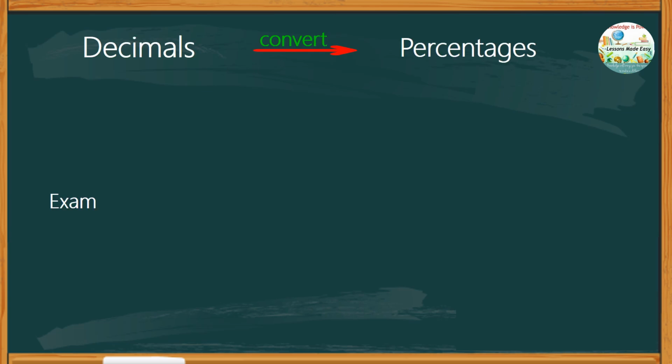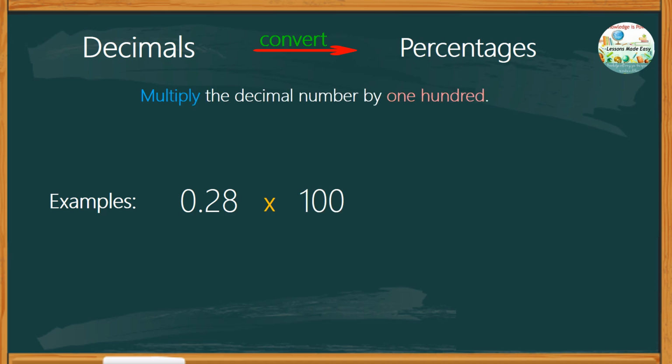This time, let's try converting decimals to percentages. See this example, 0.28. To change this decimal number to a percentage, simply multiply the decimal number by 100. But multiplying numbers with powers of 10 such as 100 is so easy. There is no need to do long multiplication.